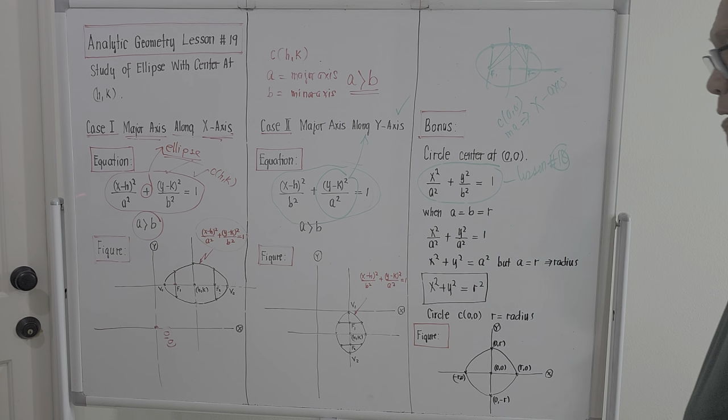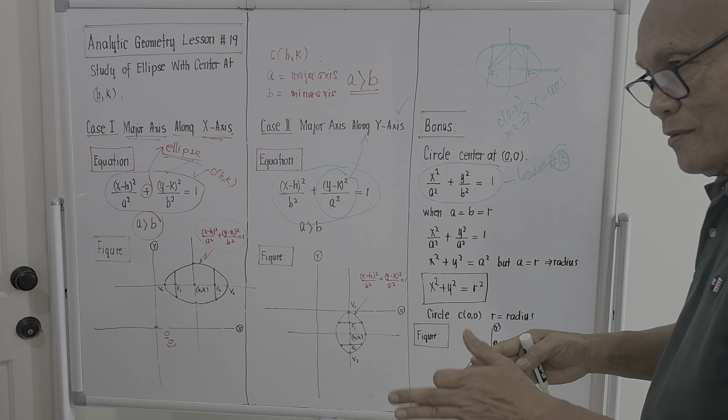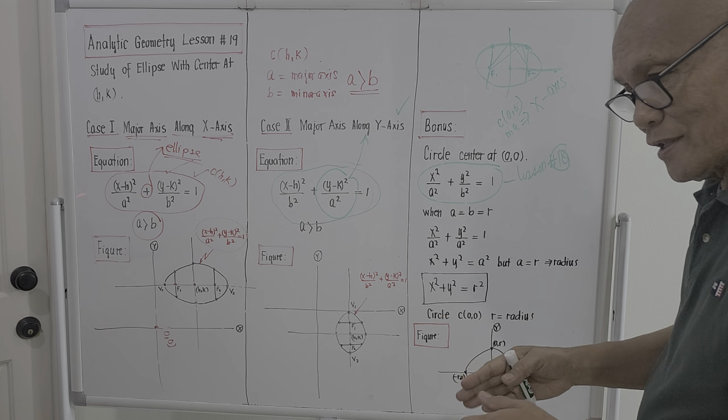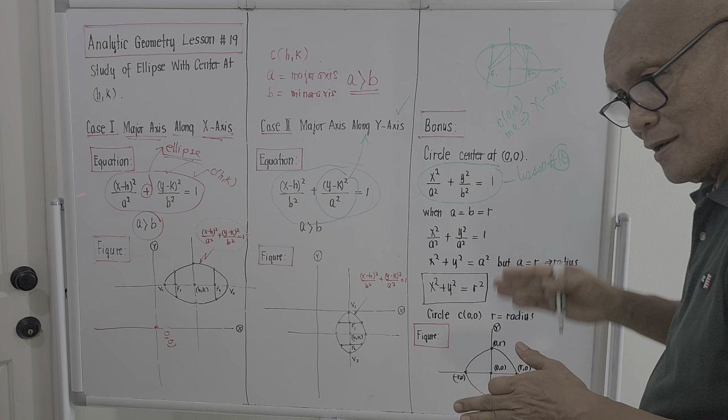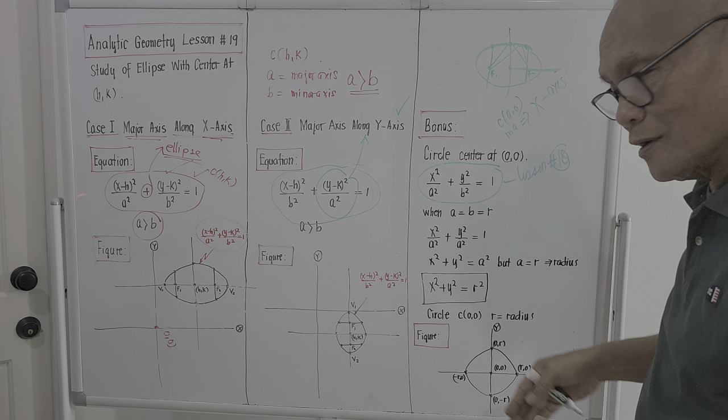And to derive the equation of a circle, like what I said, this is a bonus. This is now a topic on circle, but I just want to emphasize that the study of the concept of circle actually emanates from the study of ellipse.